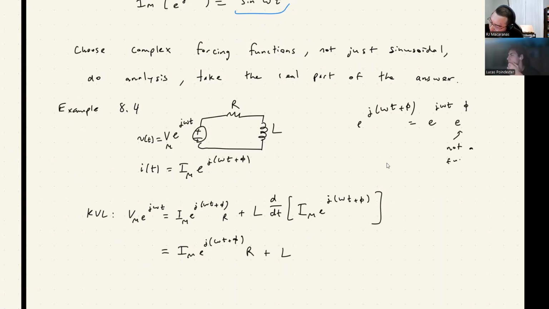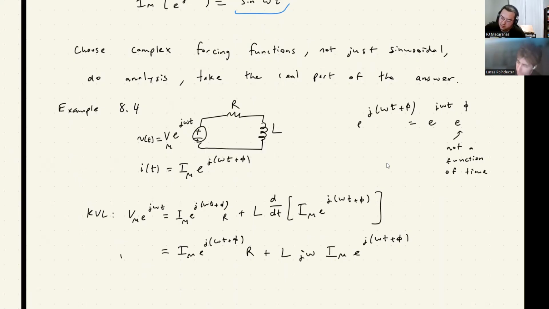So if we take a time derivative, that won't have any contribution to the derivative; it's just a constant, more or less. So if I take this derivative, a j omega pops out. So I've got j omega I m e to the j times omega t plus phi.